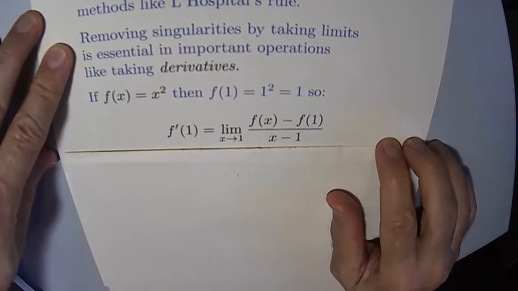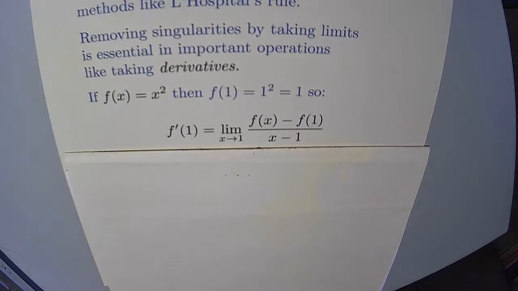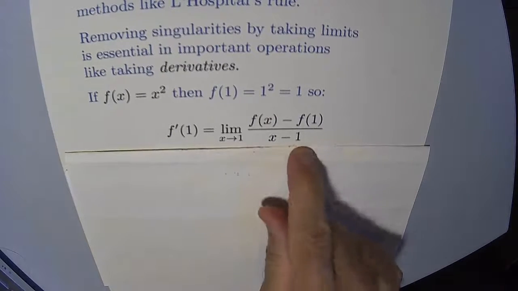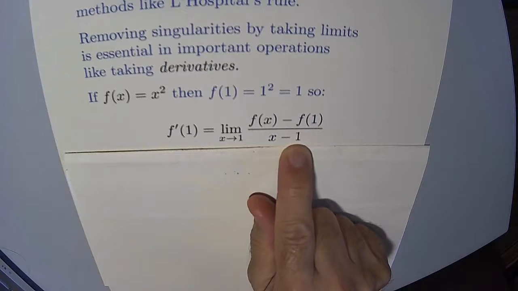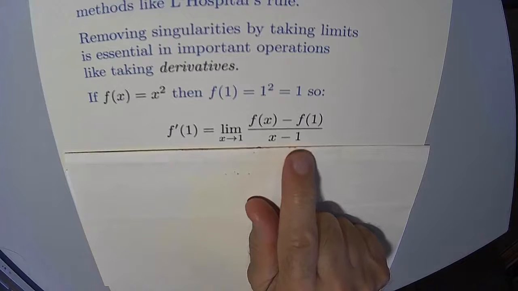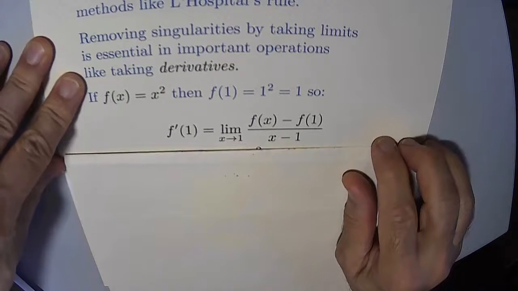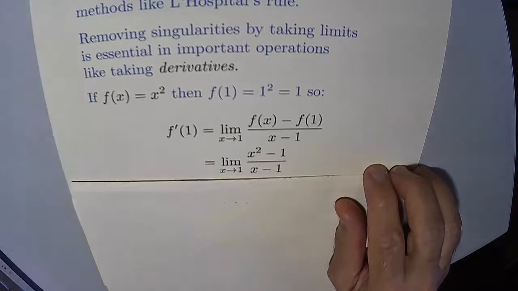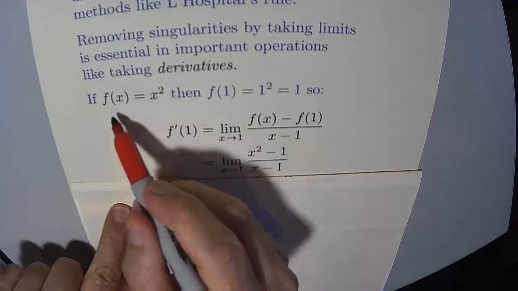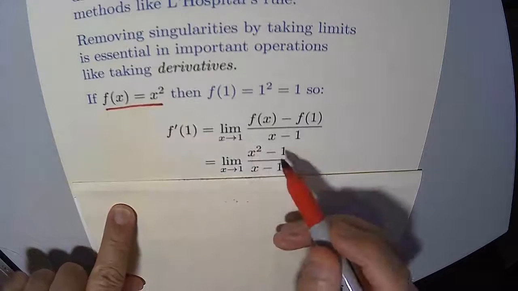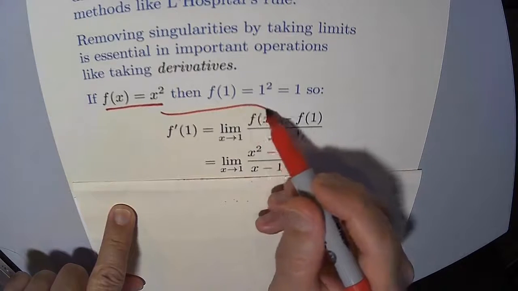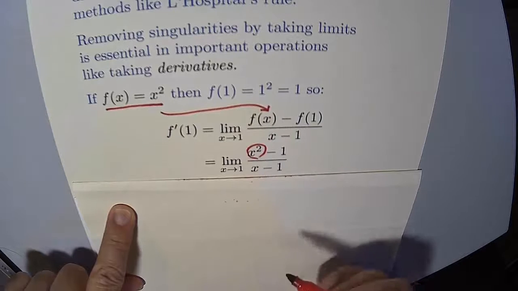and f prime of 1, its derivative, is defined as the limit of this ratio here, which is called the difference quotient or difference ratio of f of x. Notice that if I put f of x equals x squared in for f of x, I get x squared here.